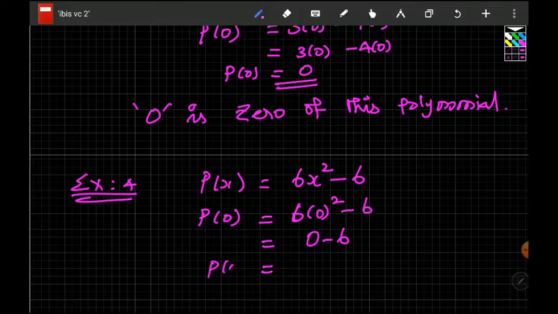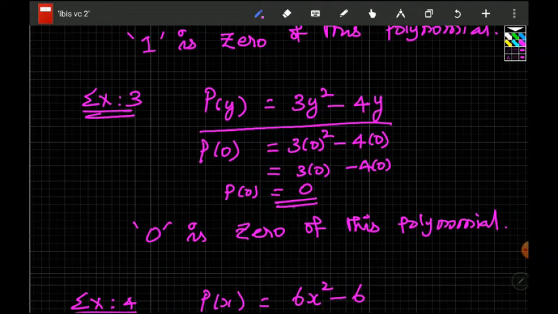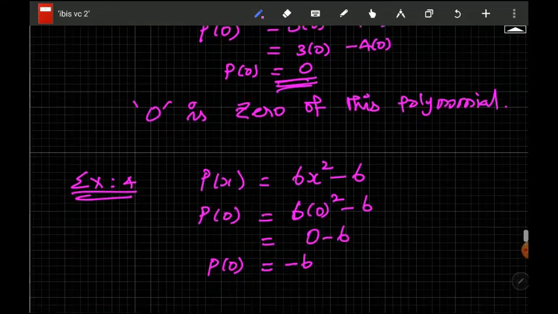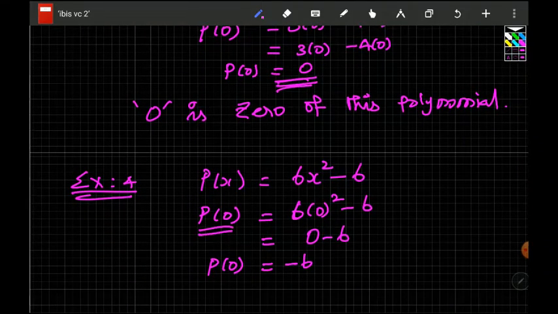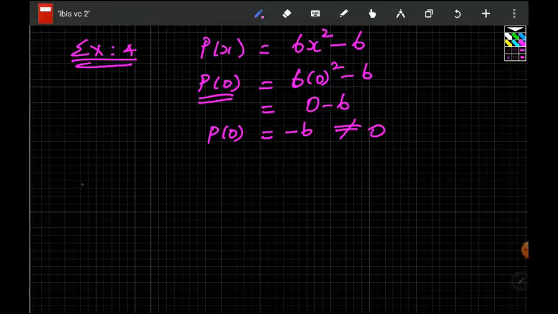So p of 0 here is minus 6, but not 0. Look at example 3, p of 0 is 0. In example 4, p of 0 is not equal to 0. And let's take one more example. We are going to summarize all of that. Please keep watching.